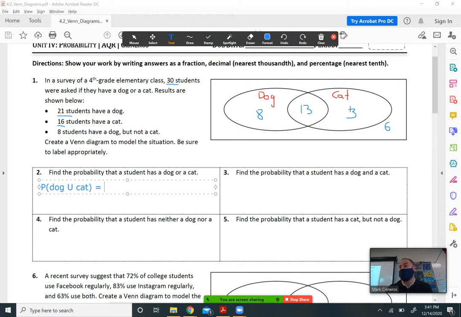Yep. Do these 3 people have a dog or a cat? Do these 6? No. So just add these 3 up, which is 24 divided by 30. And then you can use the calculator to finish the rest.